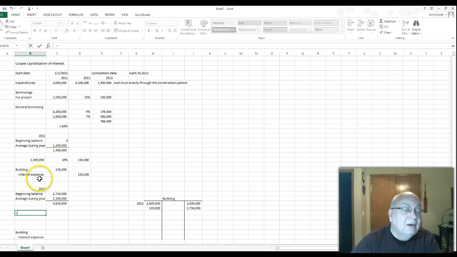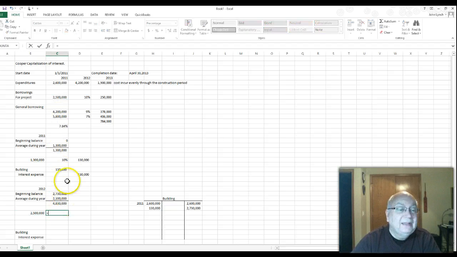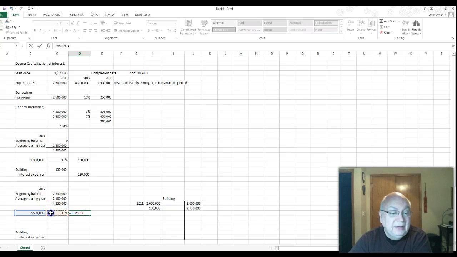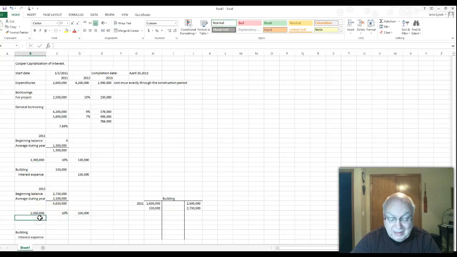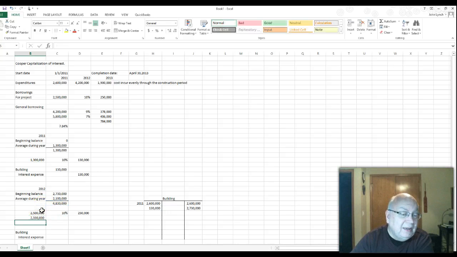So we start with the 2.5 million. This is at the 10% because that was specifically for the project. Times the 10% gives you this amount. And now this one is equal to the total amount of expenditures minus the $2.5 million.